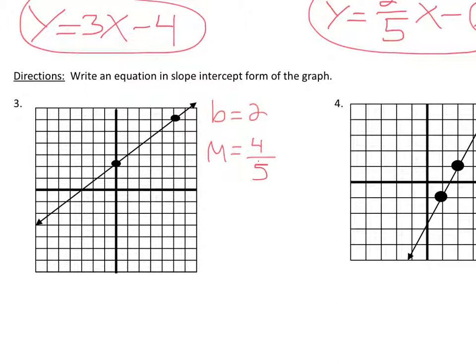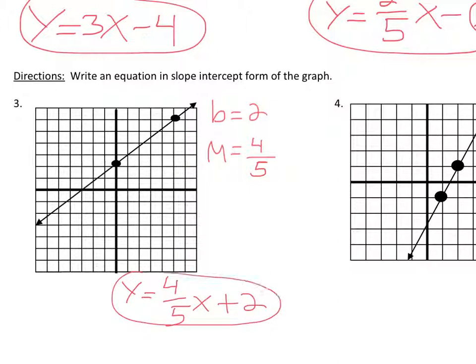And that's it. I have m and I have b. When I put it together, my equation is y equals 4/5 x plus 2. So from the graph, let's see first where it hits the y-intercept, and then let's count rise over run to get the slope. Let's do one more.